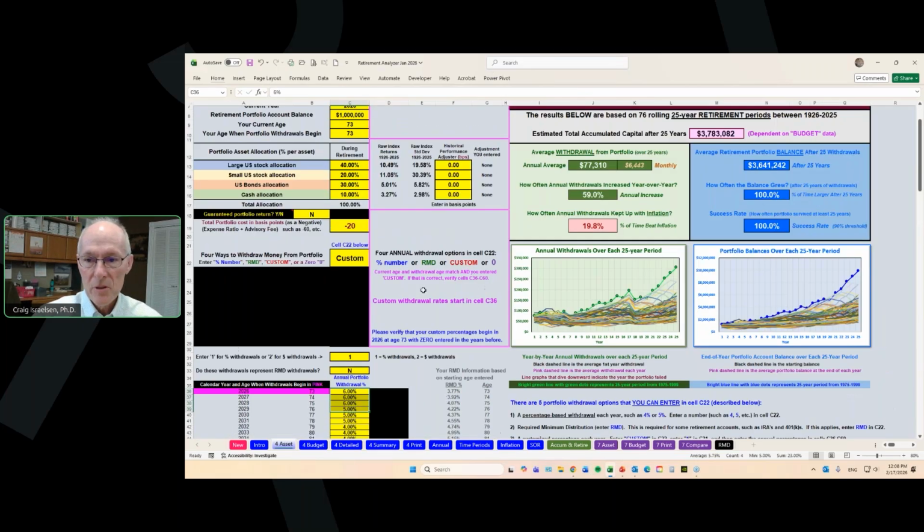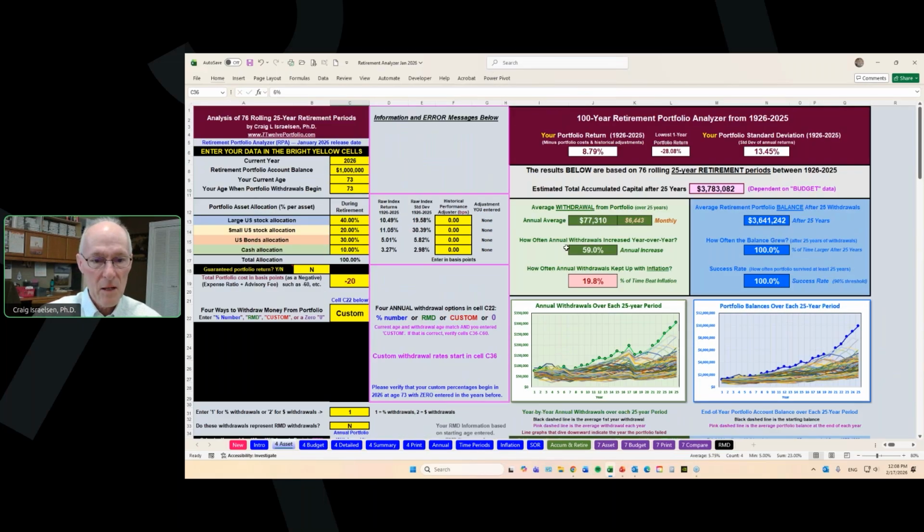So this is, like I said, kind of a reverse RMD, a little higher withdrawal rate while you have better health, let's say, you're doing more traveling. You can model that. You come up, oh, that works out pretty well in a 60-40 portfolio.